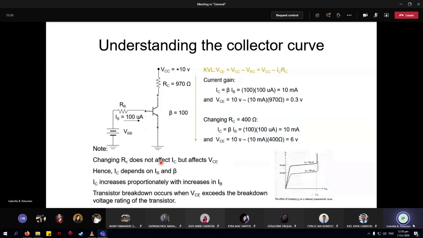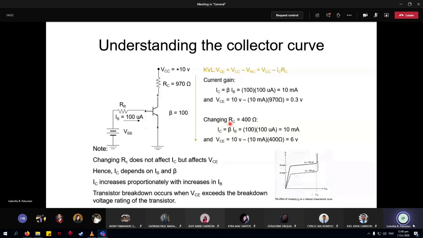Now, ano yung ibig sabihin nitong changing the value of RC? You will notice that you actually computed for IC using the formula IC equal to beta IB, right? So, when you computed for the IC equal to beta IB, your current on your number 3 assignment is 10 milliamperes. Now, when you change your RC to 400 ohms, you will notice that IC is still 10 milliamperes.